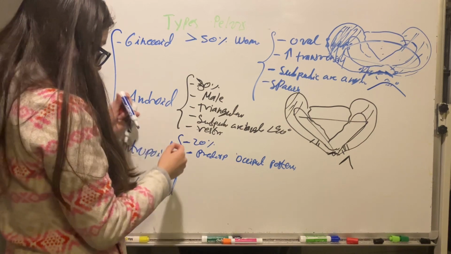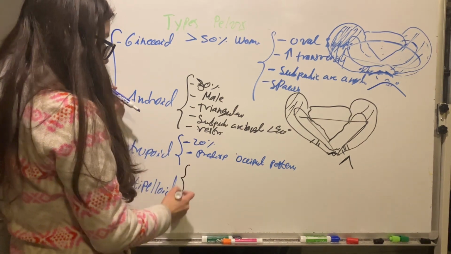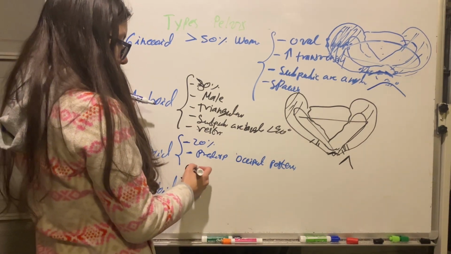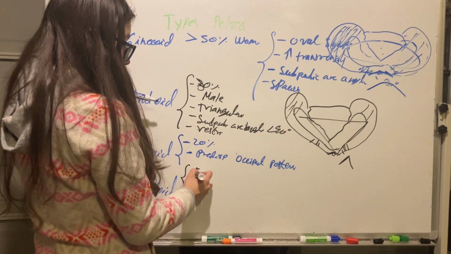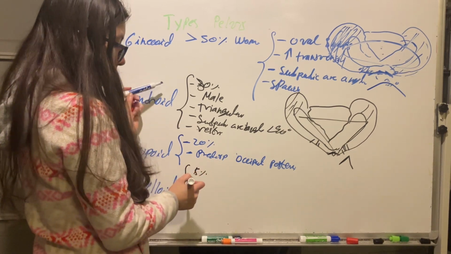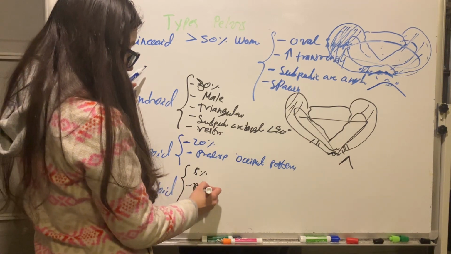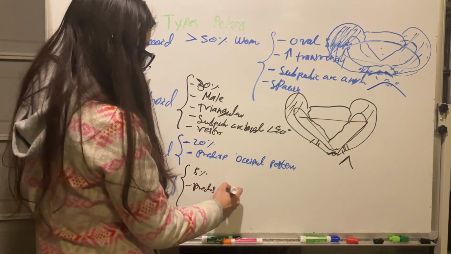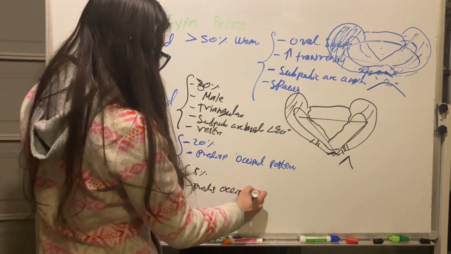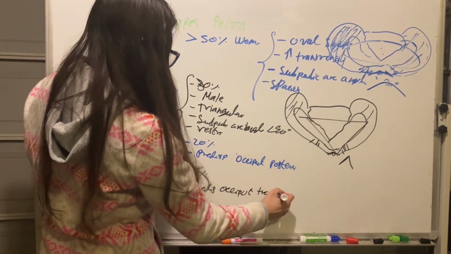And in the platypelloid pelvis, this is like 10% or 5% of women have this type of pelvis, and this predisposes to an occiput transverse orientation of the head.